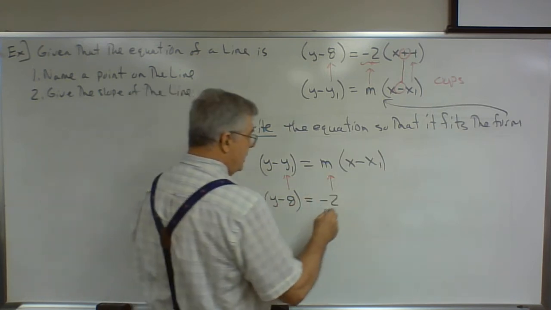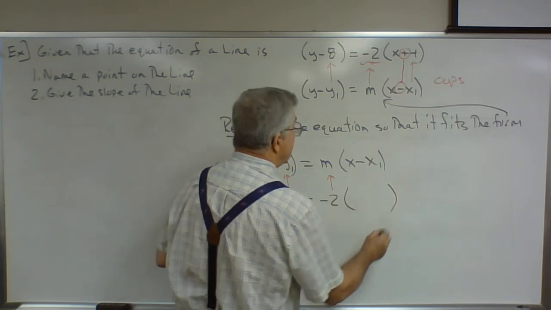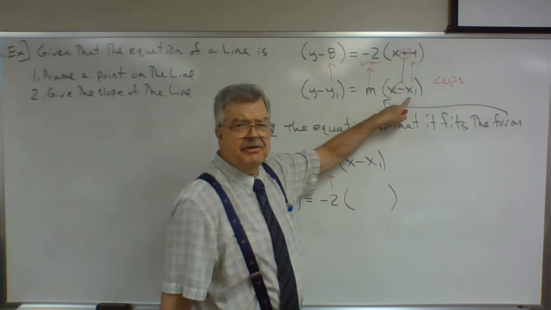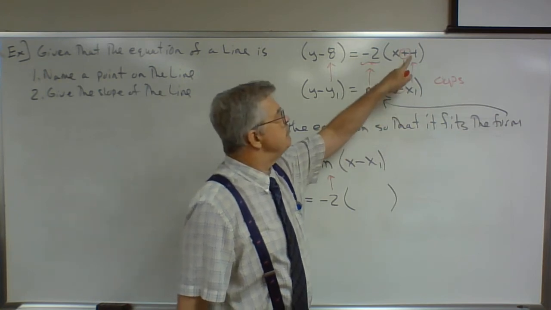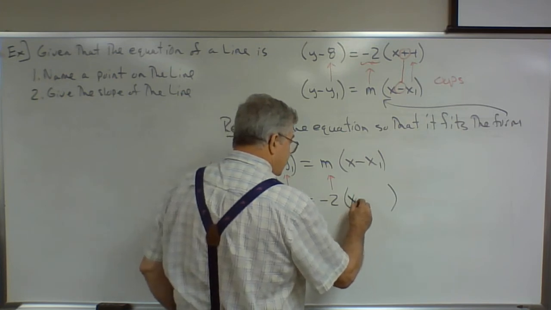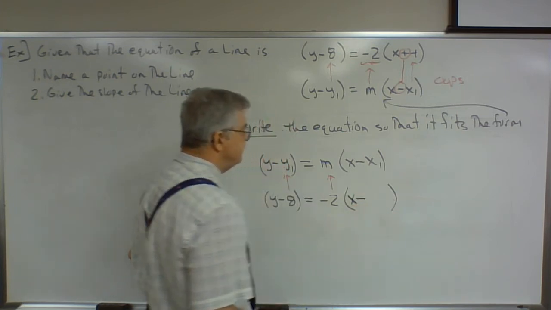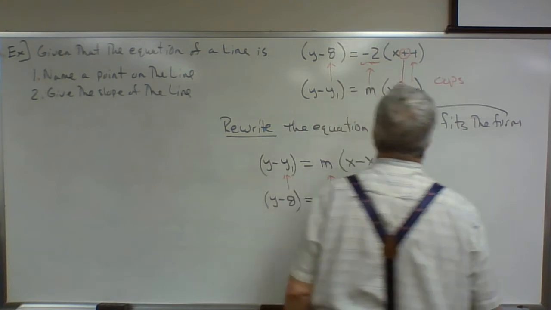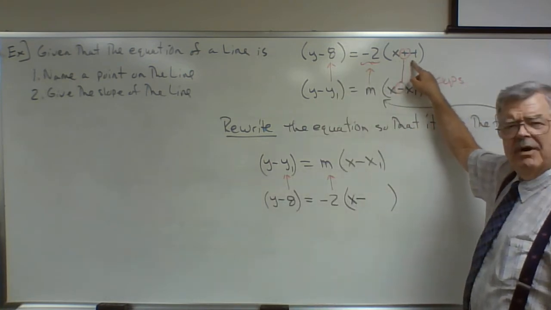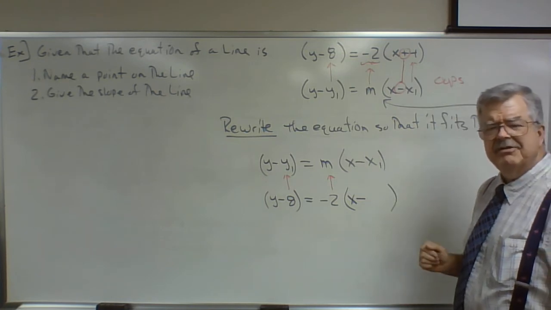The only problem that we had is that we wanted this to look like x minus something, and instead it was x plus something. I want this to look like x minus something. How can I write x plus 4 as x minus something?